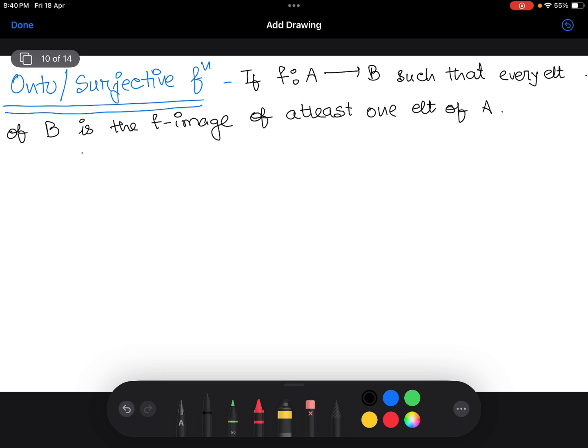So what do we mean by that? Let's do it mathematically.